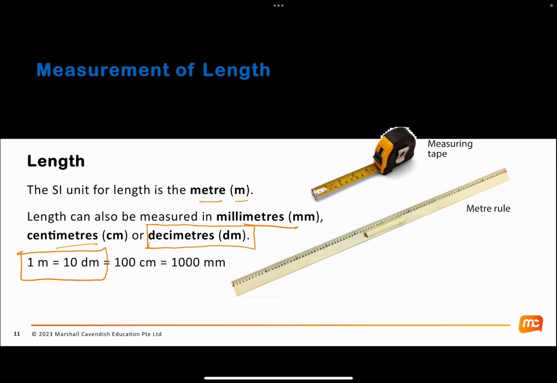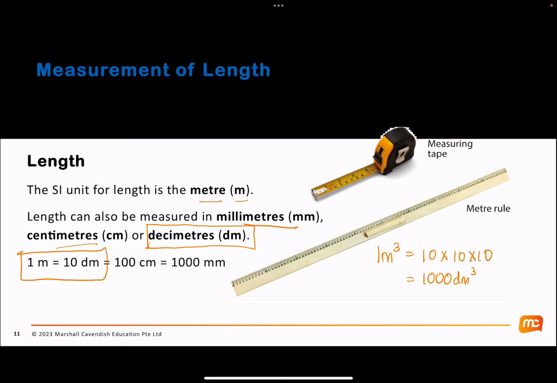So later on, you will discover that 1 meter cube, okay, will be equals to 1,000 decimeter cube. Okay, so that's in terms of volume over there. All right.